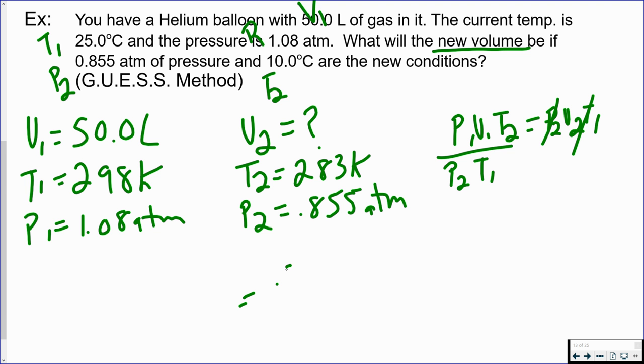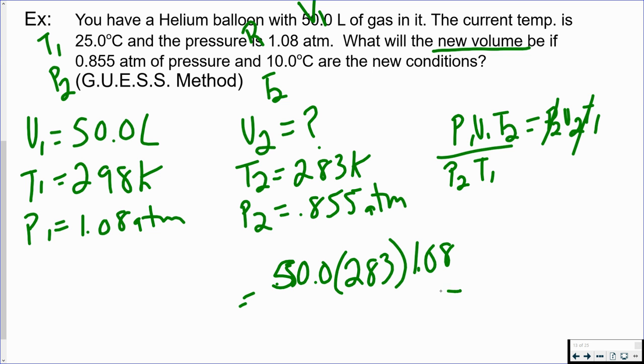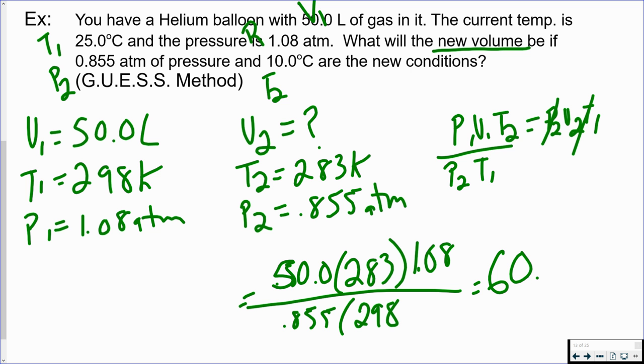You should get 50.0 times 283 times 1.08, all over 0.855 times 298. The number of sig figs is 3. So when you solve, you'll get 59.97 in your calculator. You're going to round up to a nice even 60.0 liters.